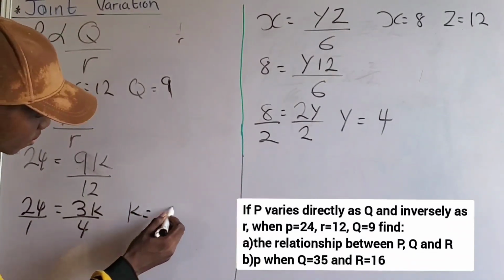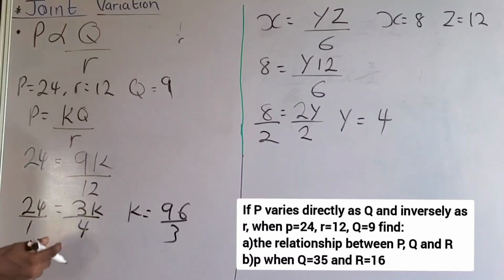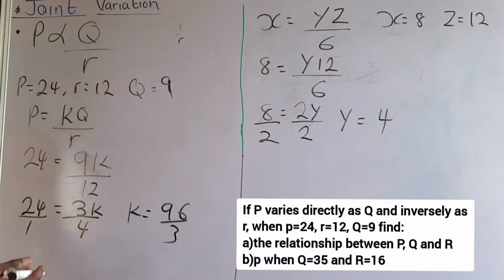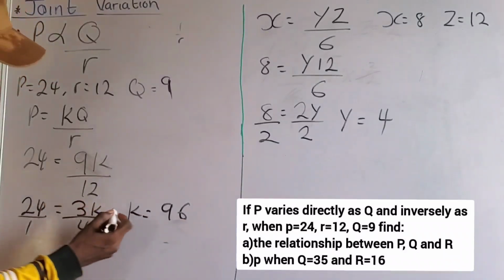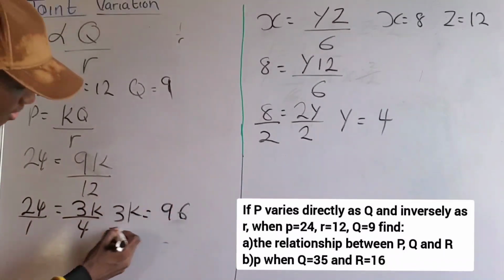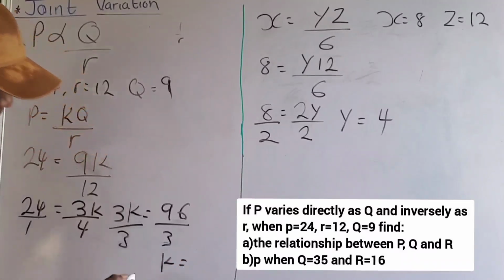Let's do it step by step. 3K equals 96. Divide both sides by 3, and K equals 32.